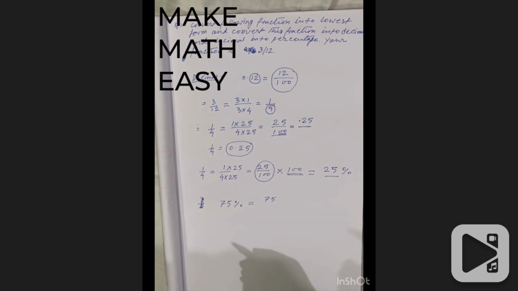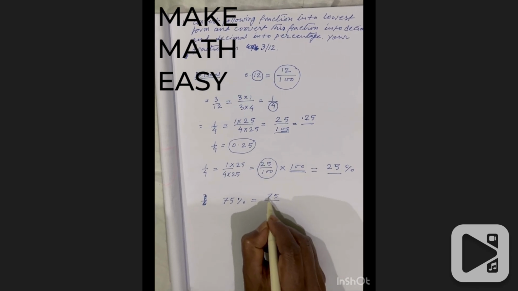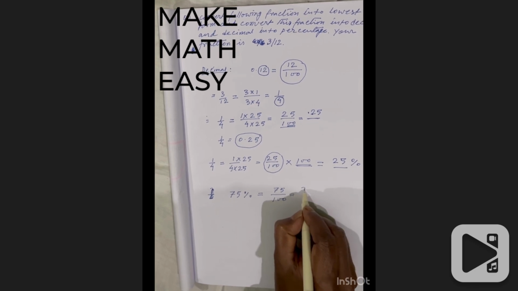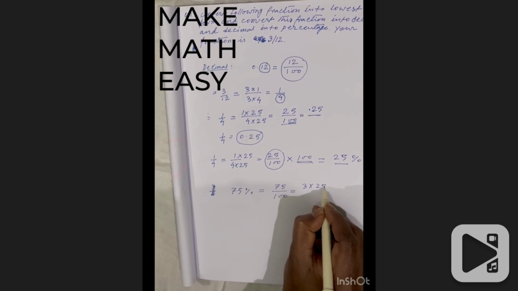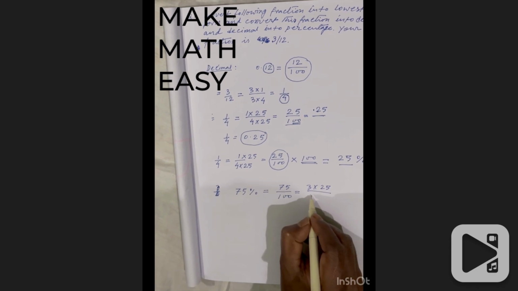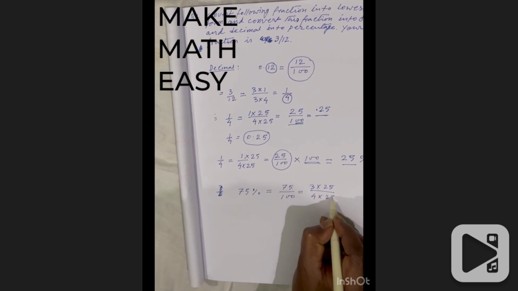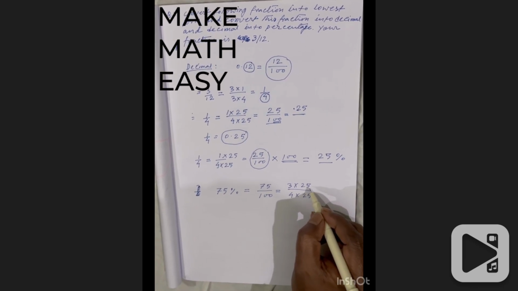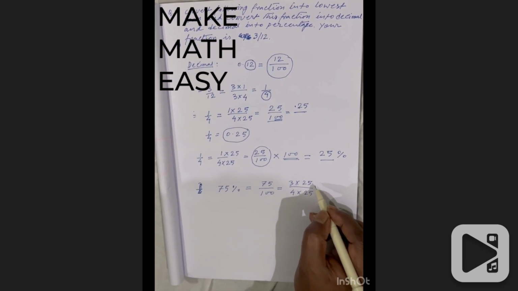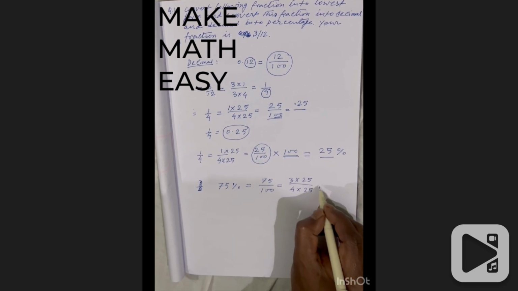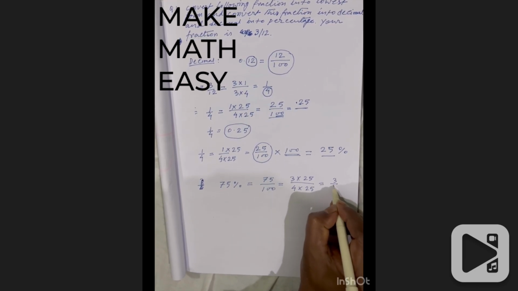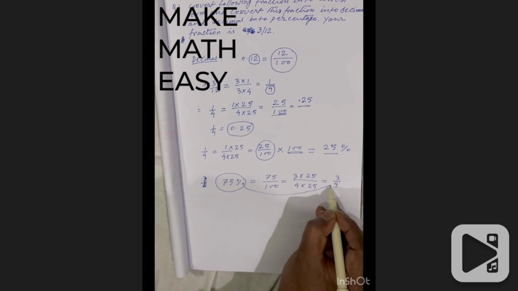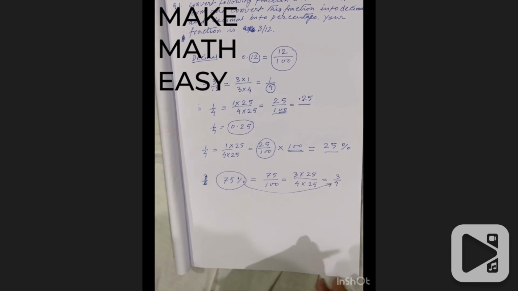So the reverse process applies: we will divide 75 by 100. Now this equals 3 into 25 over 4 into 25. So we can divide the numerator by 25 and the denominator by 25. So it will be 3 by 4. Now the percentage 75 is equivalent to the fraction 3 by 4.